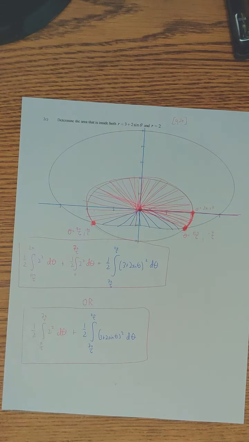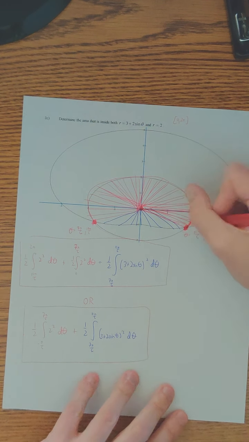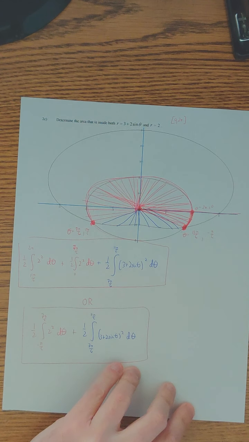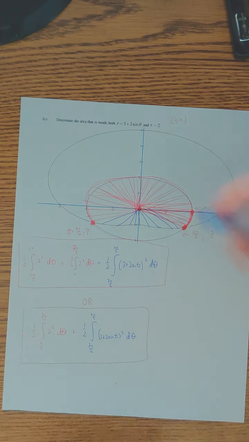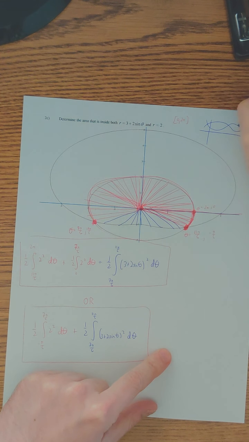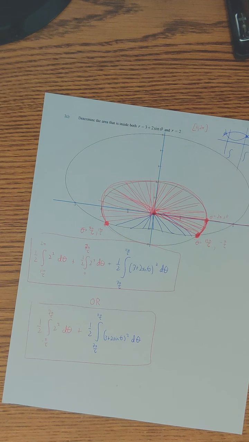And then on top of that, what is this actual outer curve? Does it change? If the outer curve changes, then I also have to deal with it as two separate integrals. And that would be similar to what happened when we had two curves and I wanted the area bounded between them, and the top curve and the bottom curve changed places. I needed two separate integrals to represent the area.